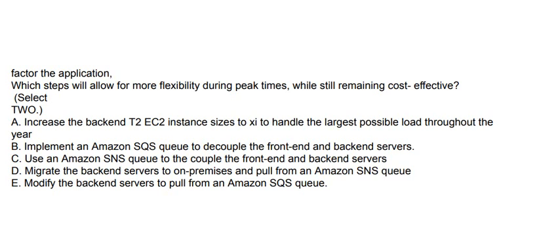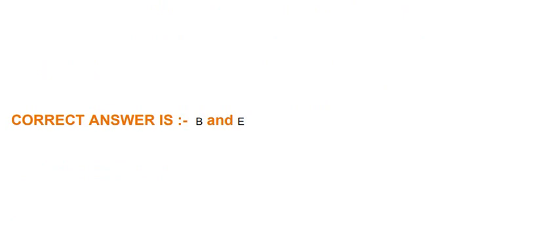Option D, migrate the backend servers to on-premises and pull from an Amazon SNS queue. And option E, modify the backend servers to pull from an Amazon SQS queue. The correct answer is option B and E.